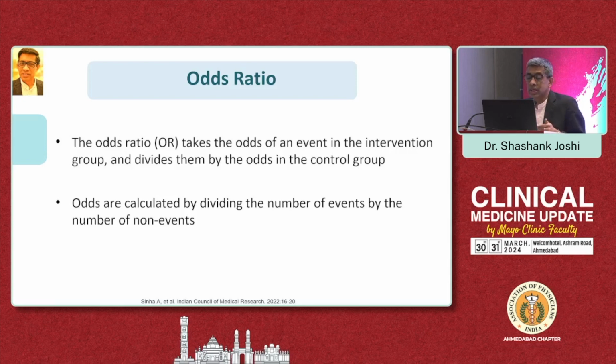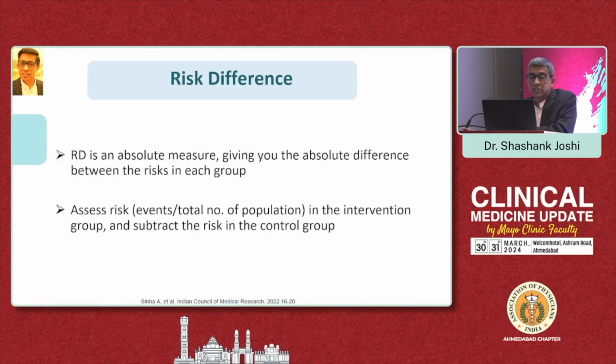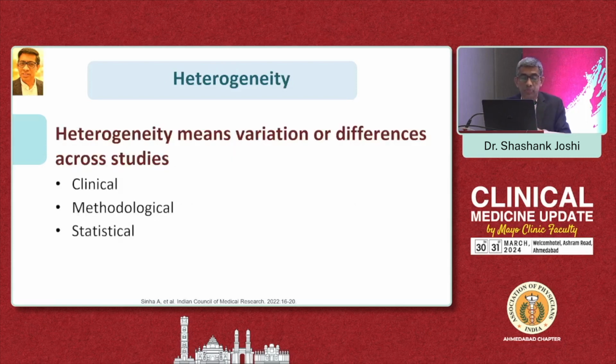And odds are calculated by dividing the number of events by the number of non-events. And the risk difference is nothing but an absolute measure, giving you the absolute difference between the risk of each group. So it takes the events divided by the total number of population in the intervention group and subtracts it from the risk of the control group.